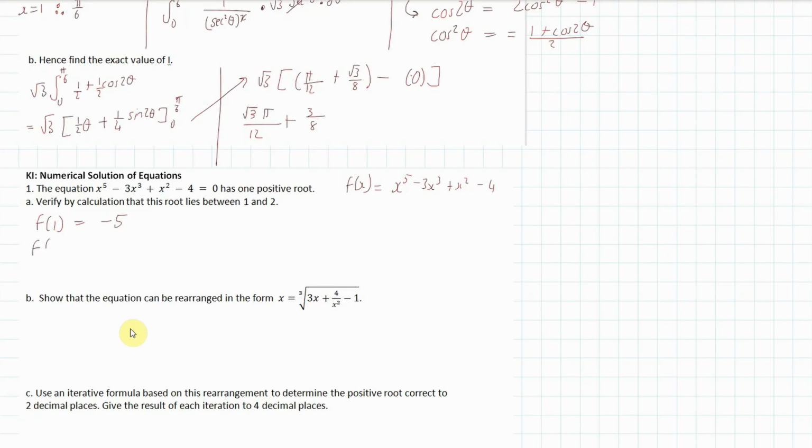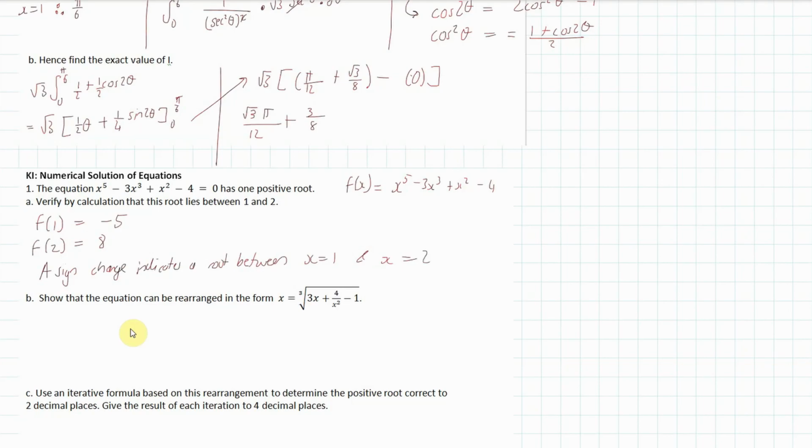And then if we put in a 2, what do we get? 2 to the power of 5, take away 3 times 2 cubed, plus 2 squared, minus 4, and that gives me 8. And a sign change indicates a root between x equals 1 and x equals 2. And there we go, we're done.